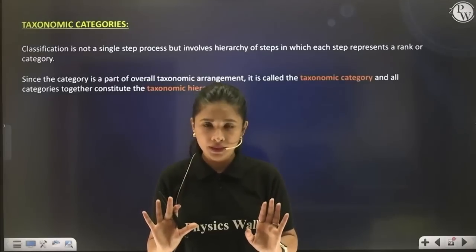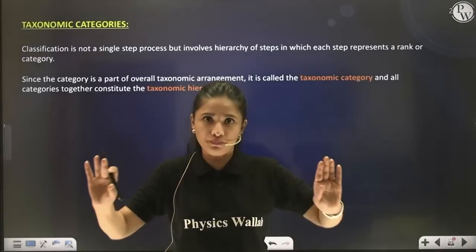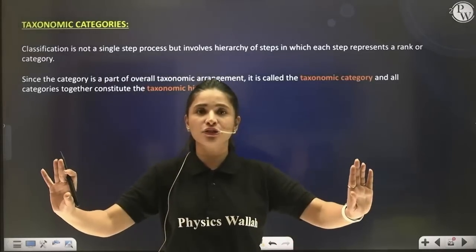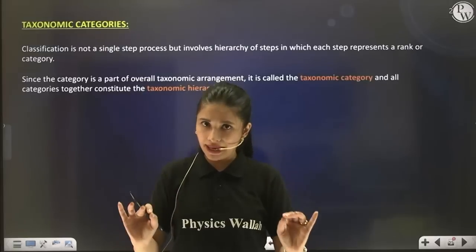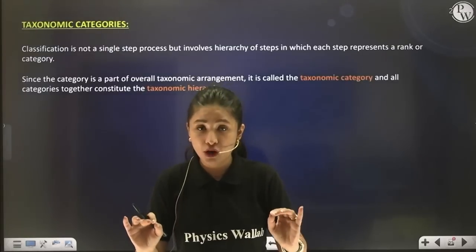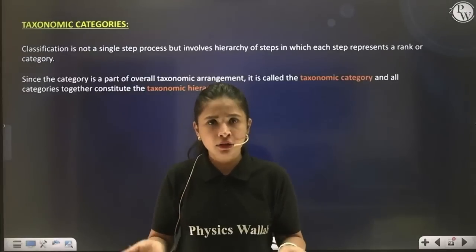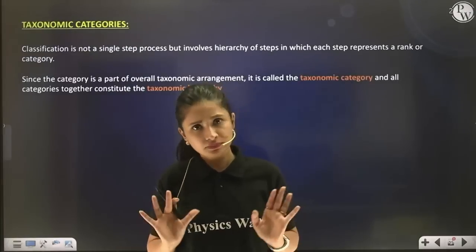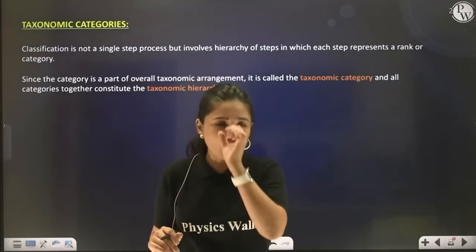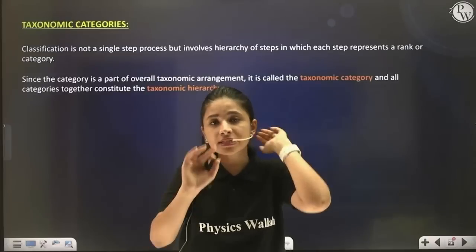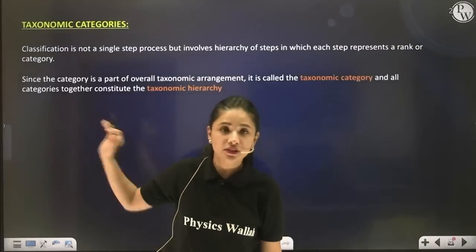Yes or no? What is the aim? Grouping, proper segregation of organisms on the basis of similarity and dissimilarity. And this is done for our own benefit. Correct? So therefore, in taxonomy, one step becomes very important, that is classification.